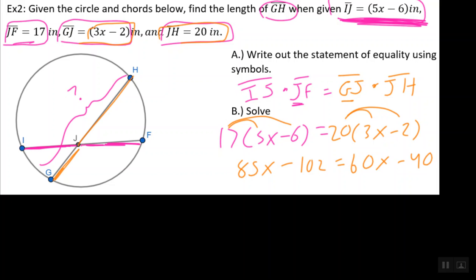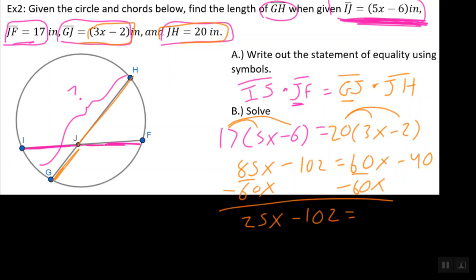Now from here, let's go ahead and just do some simple algebra. We know when we have x's on both sides, we'll move the smaller x. So minus 60x, minus 60x. And 85 minus 60x will be 25x. Minus 102 is equal to negative 40. Well, of course, we get rid of our subtraction. We'll add 102 to both sides. And now we have 25x is equal to 62.